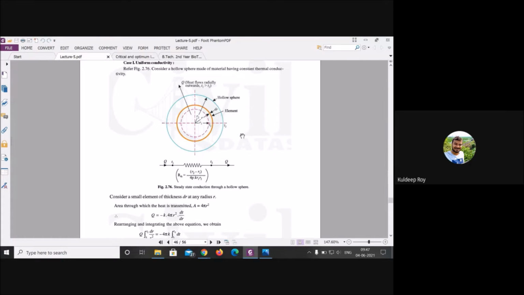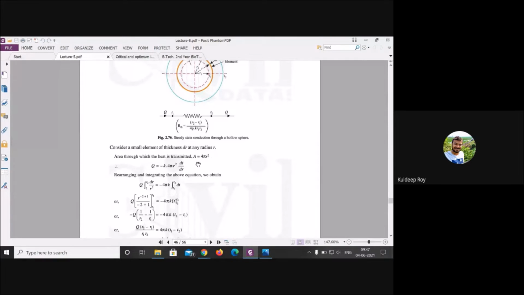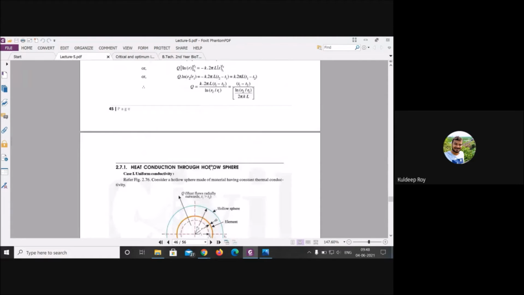Radial flow means in the direction of R, in the direction of the radius. You only have to change the area, because for a sphere the area is A equal to 4 pi R square. Just put this value and integrate, and you will get this value. The derivation is everything the same, similar to the cylinder only.